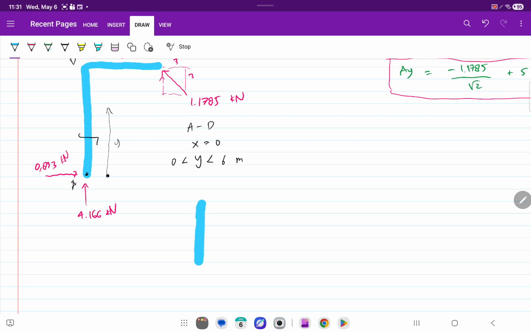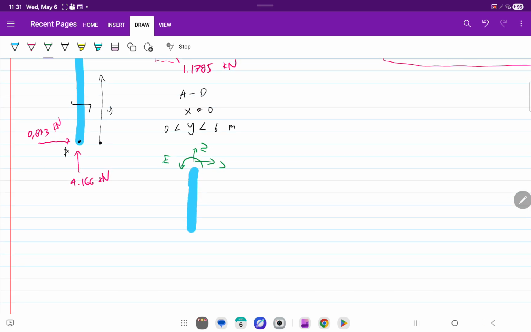Imagine this is the V and M. So you have this 4.166, you have this 0.833.